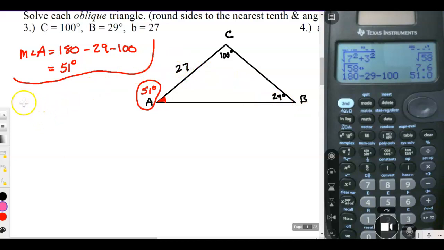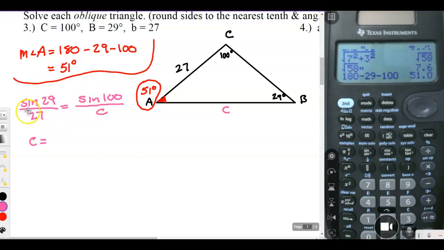So I'm going to do angle B, sine of 29, over side B, 27. And I can choose either one. I can find A first or C first. There's not a correct way to do it. I'm going to go ahead and do, let's say, C. All right, so I'll have sine of 100 over side C. All right, so cross multiply.